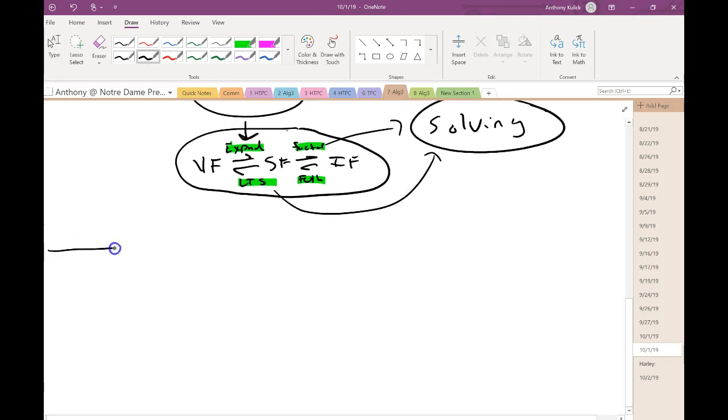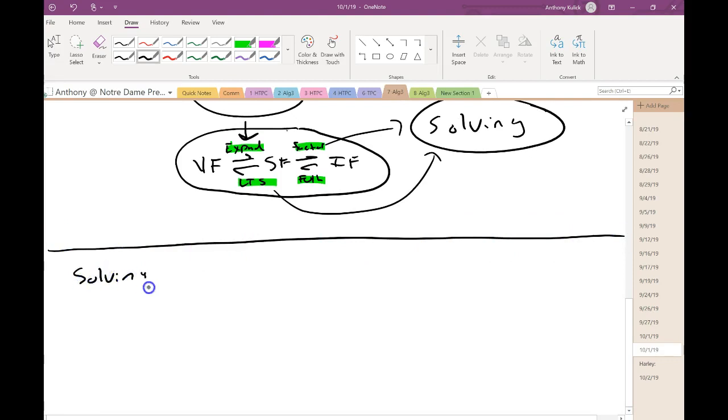Okay. So today we want to start talking about solving, and we'll spend several days talking about solving because there are several different techniques that I can use to solve. Some of these techniques are easy, but maybe don't work every single time. Some of them are a little bit more detailed and work every single time.